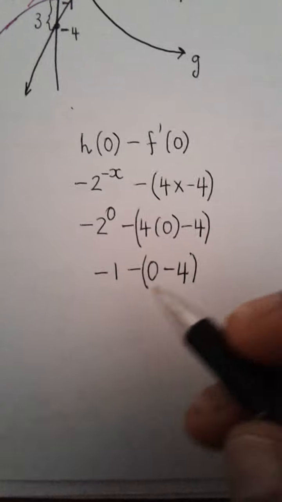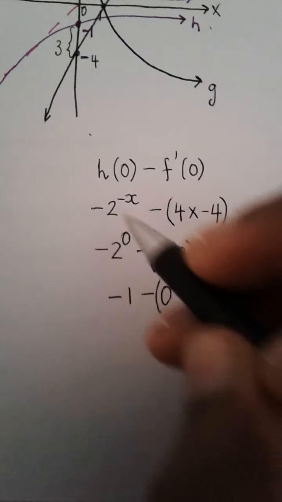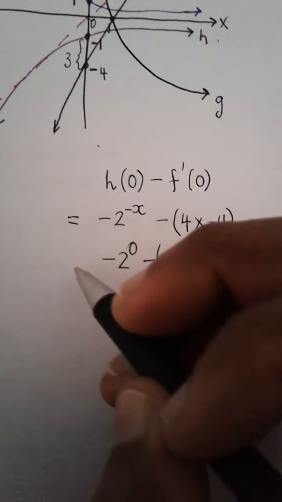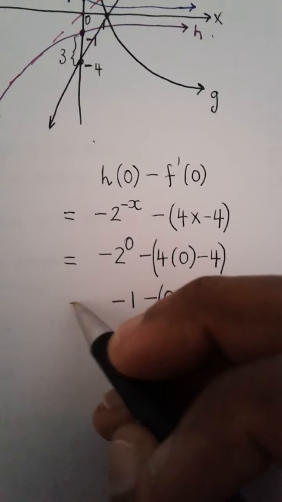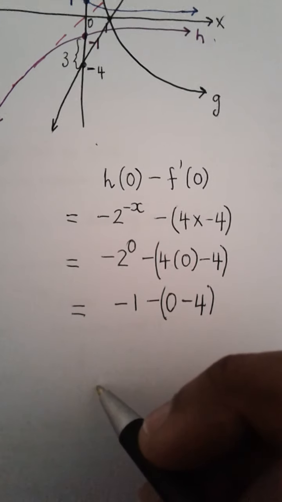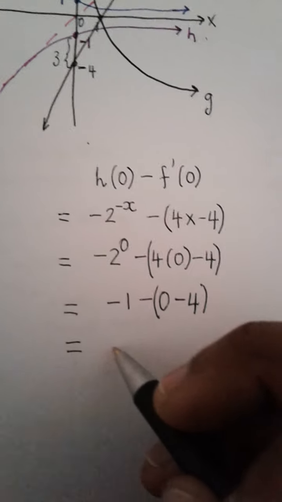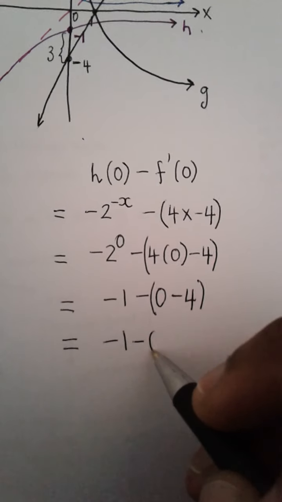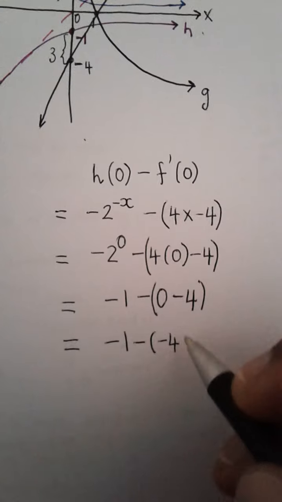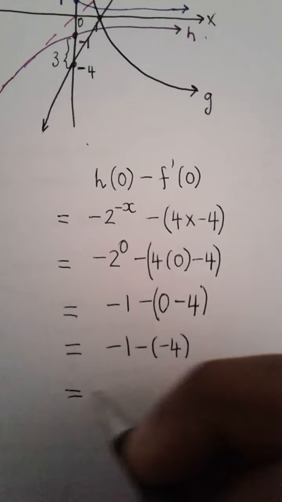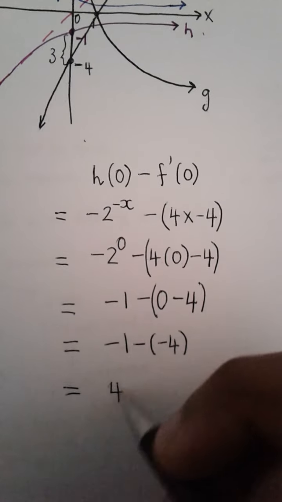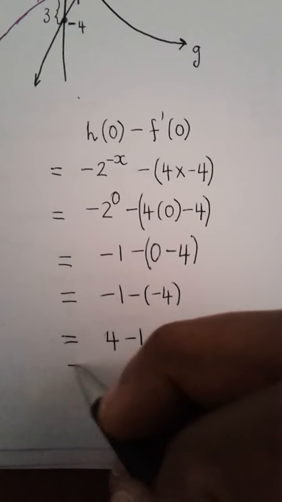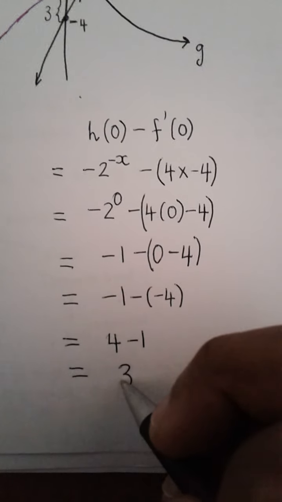Then input equal signs here. So this is minus 1 minus negative 4, which is positive 4 minus 1, which equals 3.